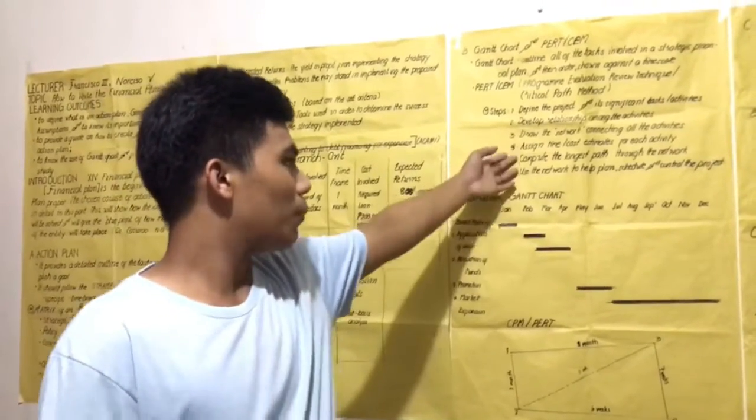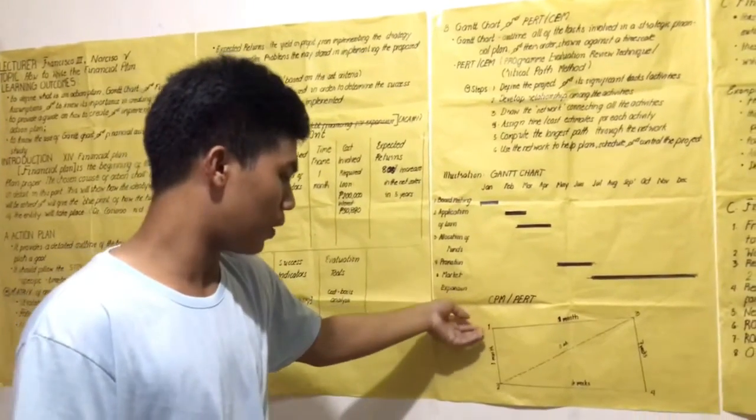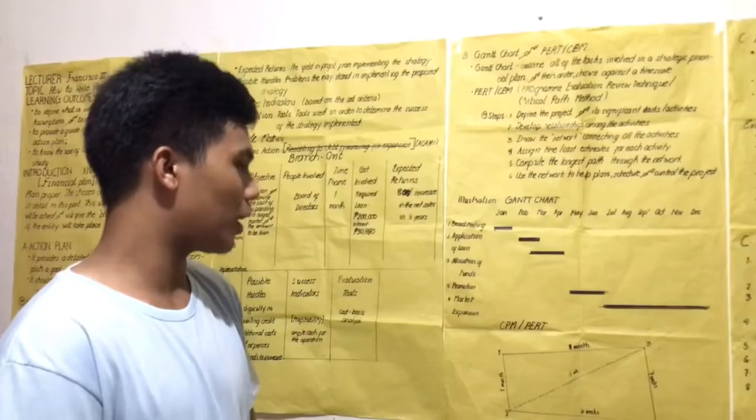After establishing the steps, develop relationships among each other, by drawing a network connecting each activity. So for example, it will take 1 month to accomplish their first step before proceeding to the second step, and so on and so forth. And third, assign the time and cost estimate per activity.